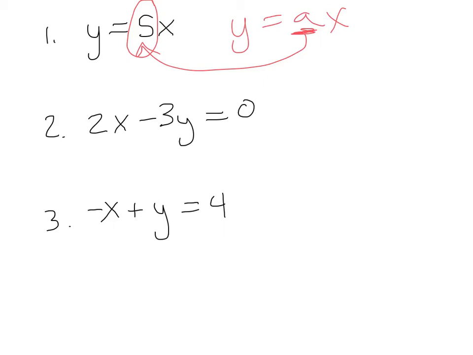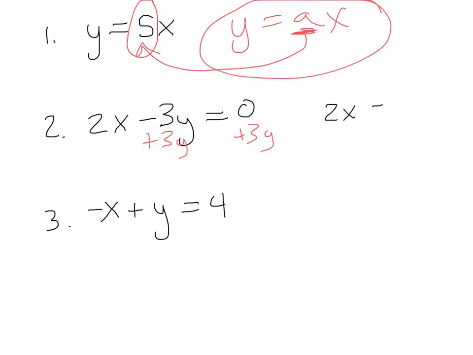All right, this next example, 2x minus 3y equals 0. We want to make it look like it's in this form here. So we could move this to the other side because y has to be on one side and x on the other. So let's do that in order to avoid negatives. We've got 2x is equal to 3y. Well, we've got to get y by itself.